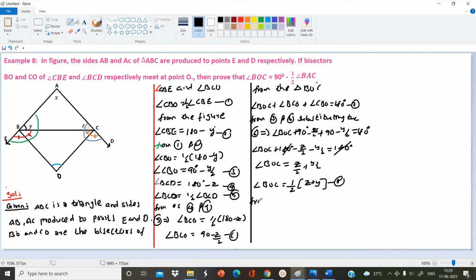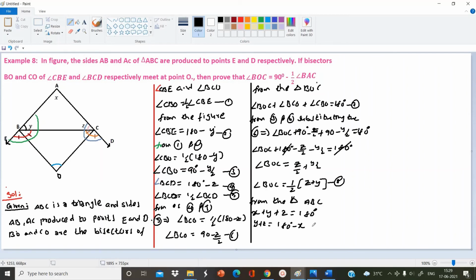Now from triangle ABC, x plus y plus z equals 180 degrees, and from this we are writing y plus z equals 180 minus x.